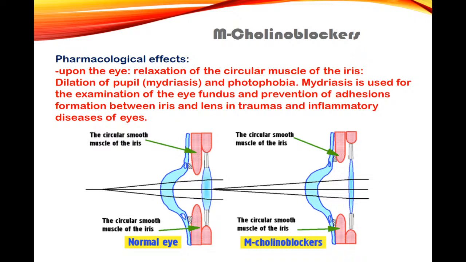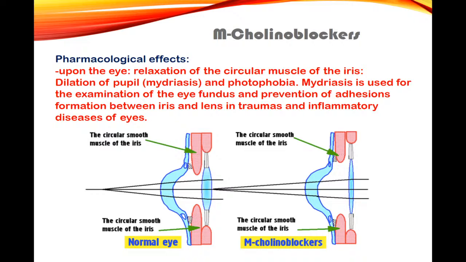Let's continue. Effects. The eye. Influence on the eye. So blockade of M-cholineceptors of circular muscle causes relaxation. You see relaxation and dilation of pupil, so-called mydriasis. And because of mydriasis, photophobia. Photophobia, of course, this is side effect, but mydriasis can be used for examination of eye fundus.